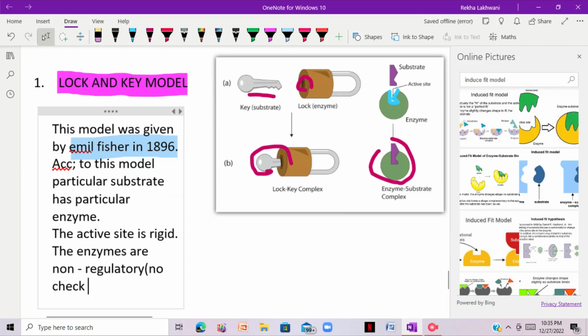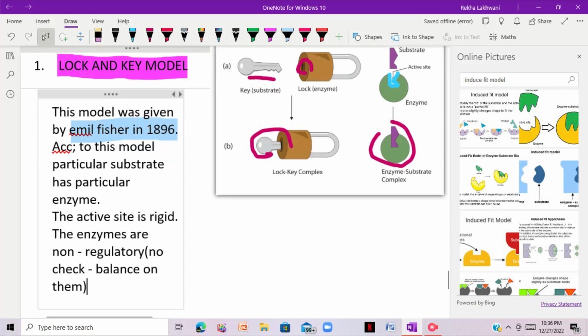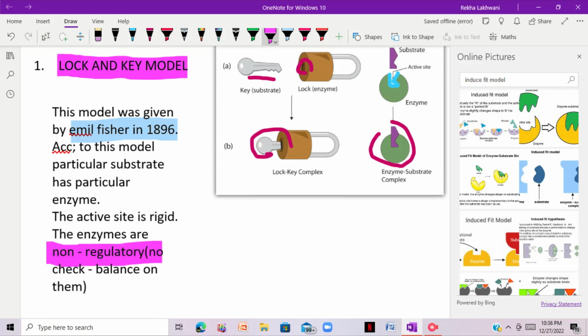No one is there to see them. According to this model, enzymes are non-regulatory, with no check and balance. For example, lipase is an enzyme which is an example of this lock and key model.